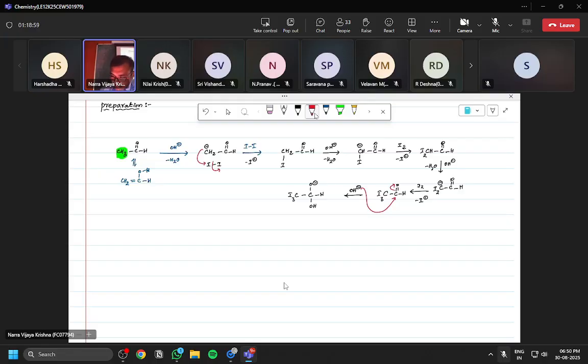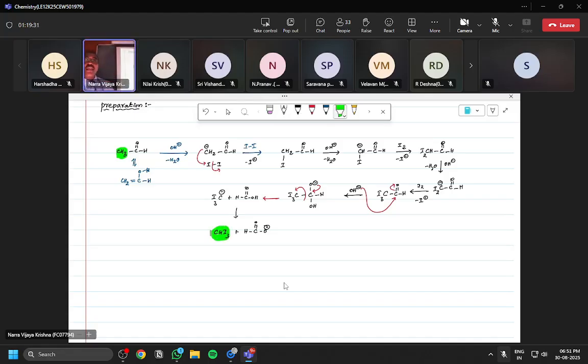Then this will come back, making this leave. So the product will be CI3 minus plus HCOOH. Correct, sir? As this is an acid, acid gives H plus readily. So that H plus goes here. So the product will be CHI3 plus HCOO minus.